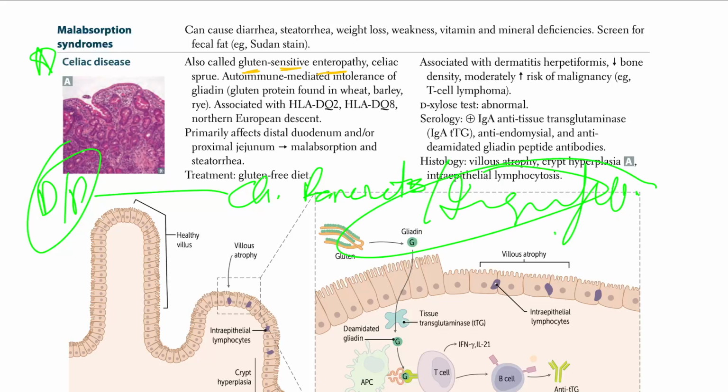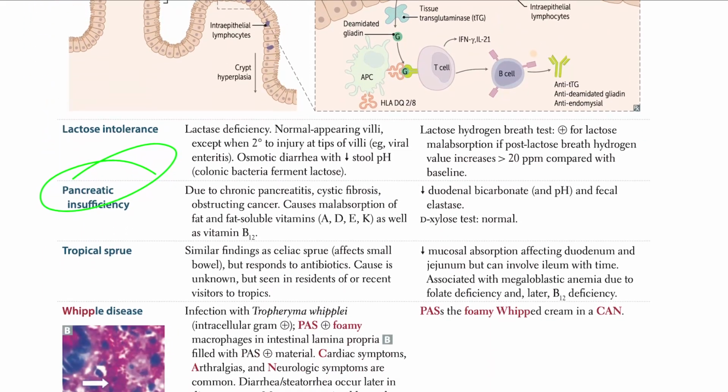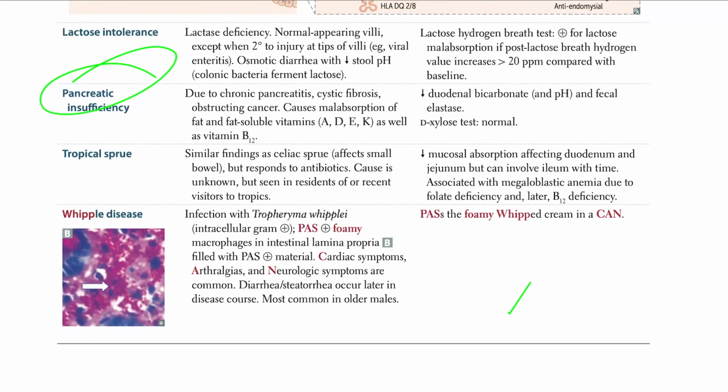Okay, so let's just move on with the lactose now. Lactose intolerance. Well, this is pretty simple. Lactose normally forms into glucose and galactose by the help of an enzyme called lactase, right?